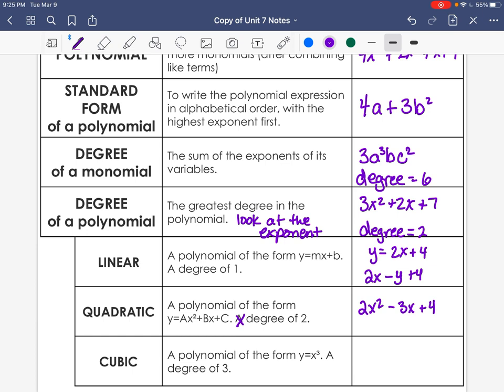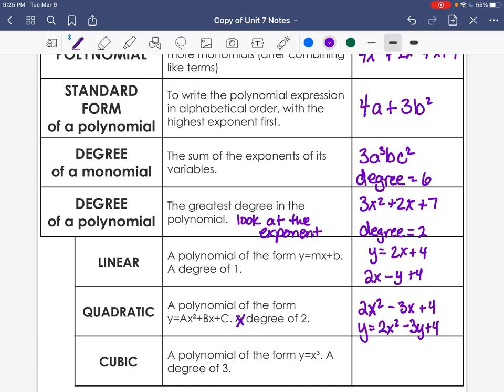So something like that would be a polynomial that is a quadratic because the x has a degree of 2 right here at the beginning.